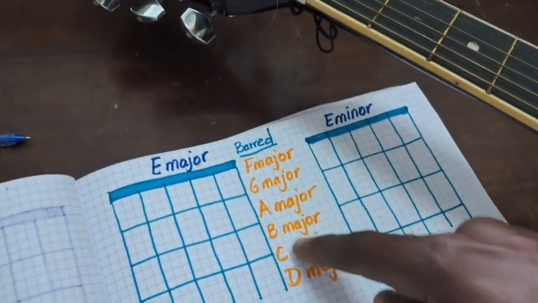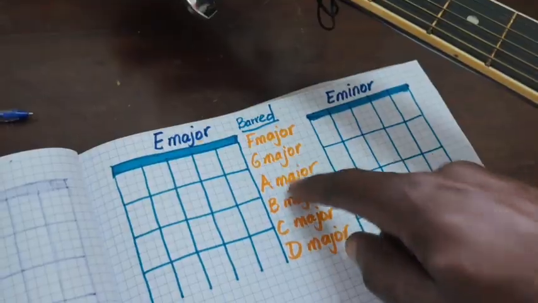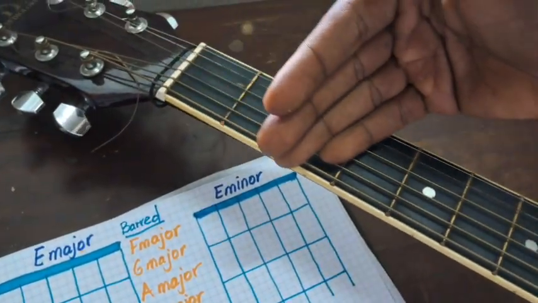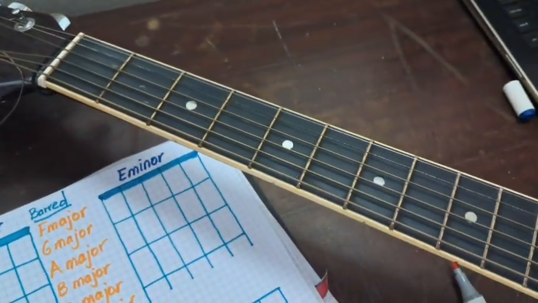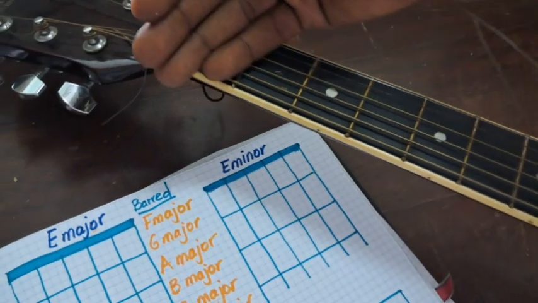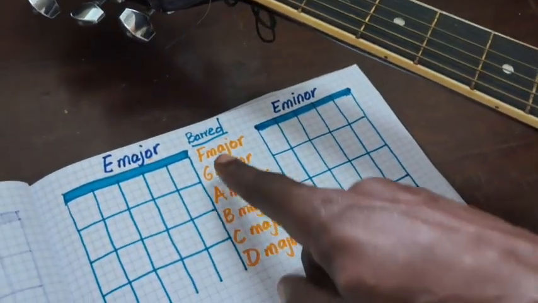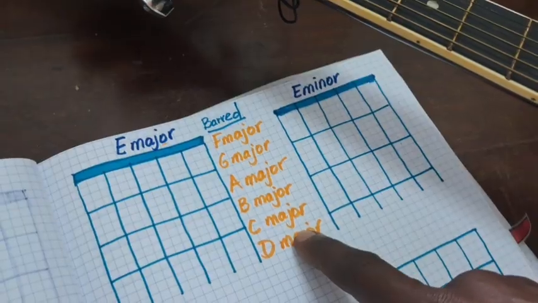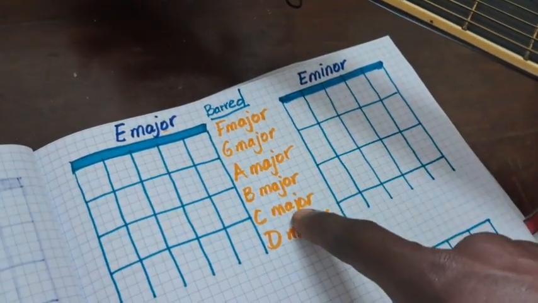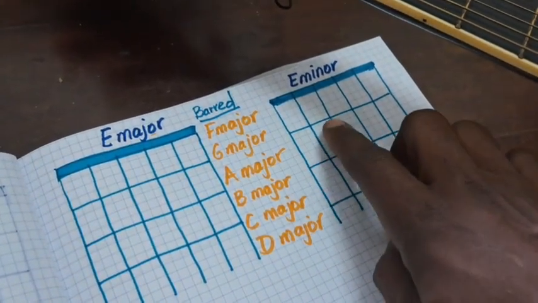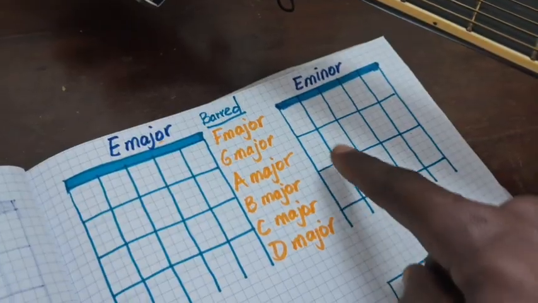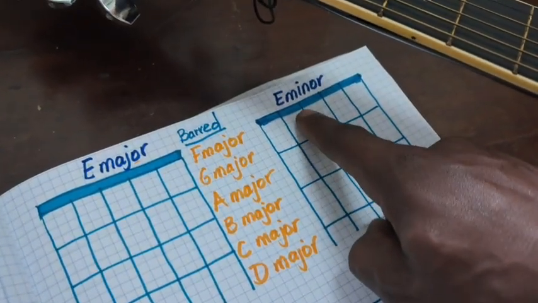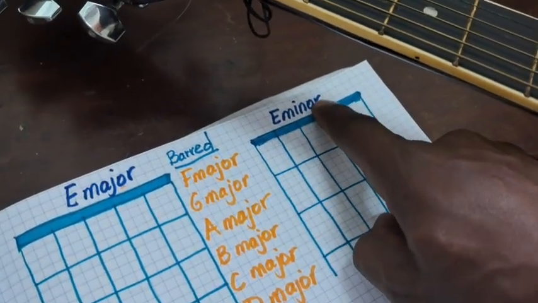All these bar keys that we are having here are going to appear on the body of the guitar here. So that will be the unique feature of these barred major keys. So let's move to the minor keys and the minors that we can produce from this E minor.